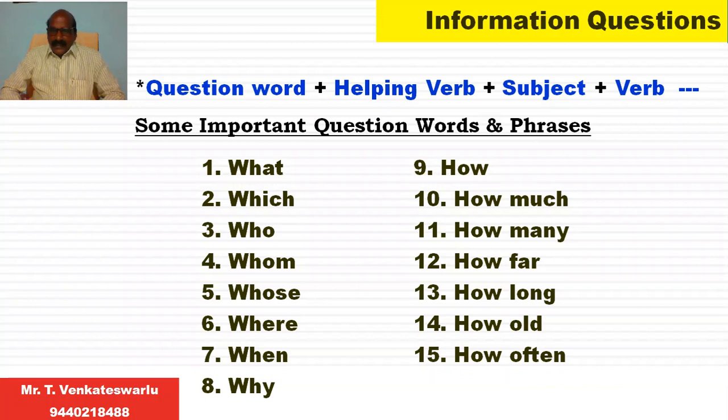As a phrase contains a minimum of two words, as they are used for making questions, they are called question phrases. How much, how many, how far, how long, how old, how often. And I will deal with these question phrases in the next video.